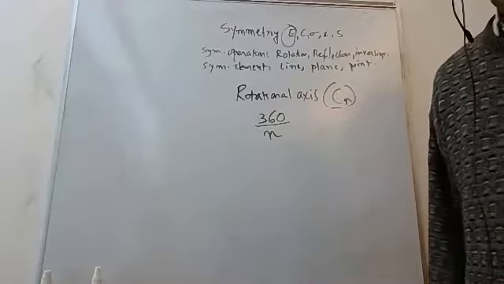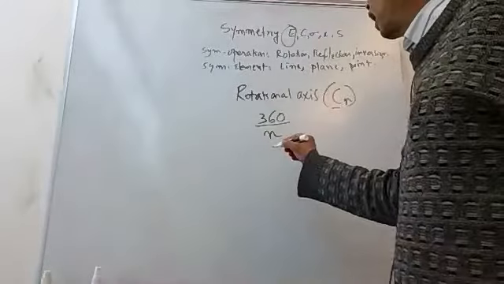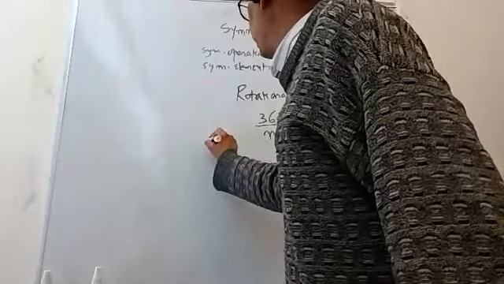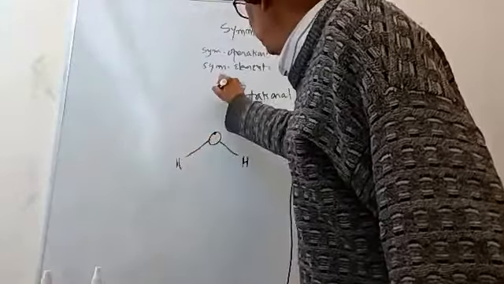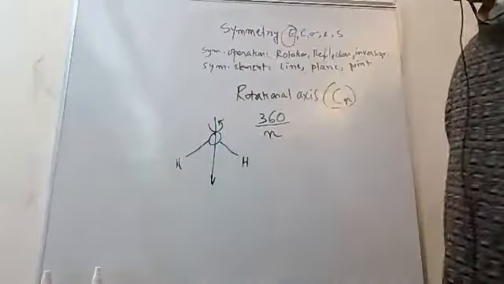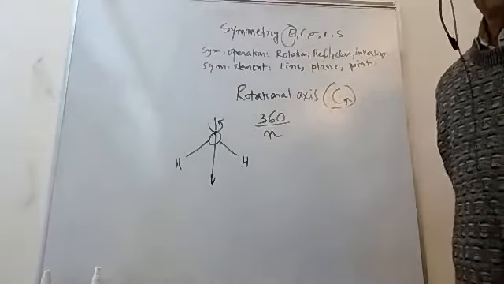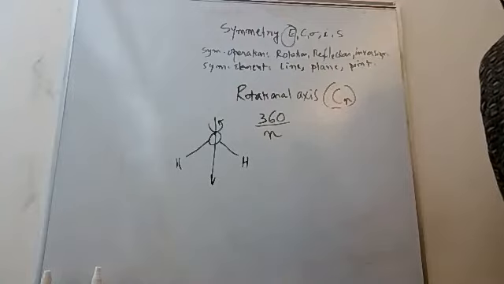Two. So we say water has a twofold axis of symmetry. We have H and O, and that axis right here, when you rotate it by 180 degrees, you get a shape that looks exactly like the original shape.